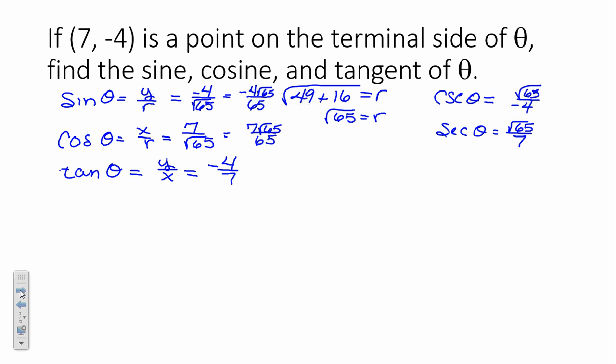So the cotangent, doesn't matter where you put your negative, -7/4. Okay, that's the ratio of those sides for that particular angle. Everybody good? Okay. Trig functions for any angle, not just on a unit circle.